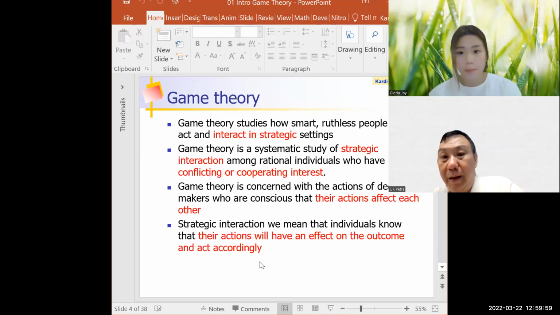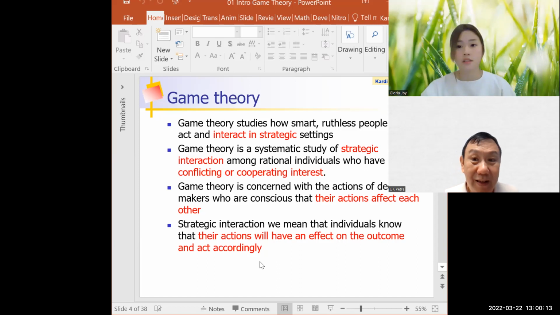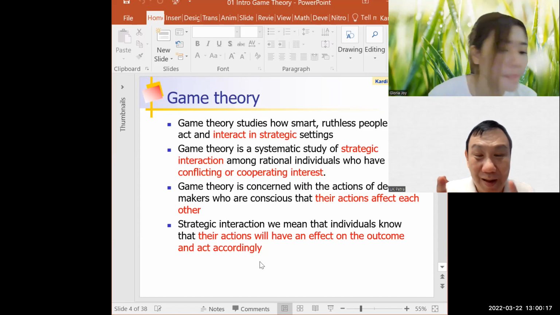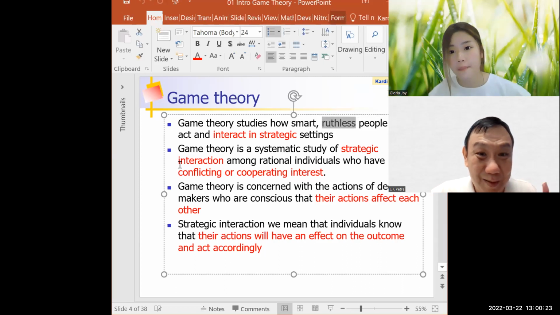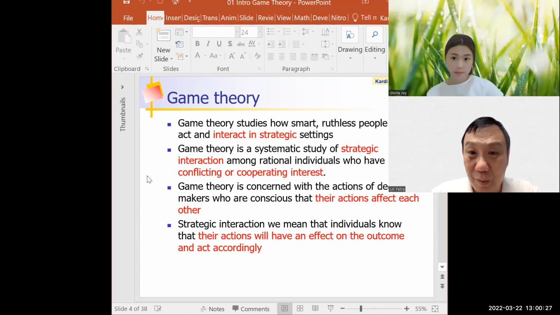So, what is game theory? Game theory is basically a study of how smart and ruthless people should act and interact in a strategic setting. This is not wrong. I'm saying ruthless, meaning not necessarily good things.